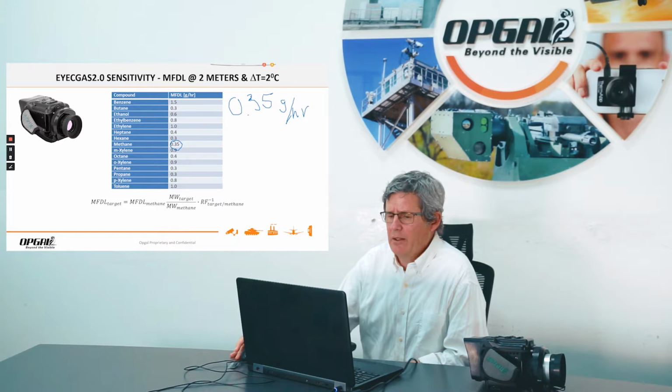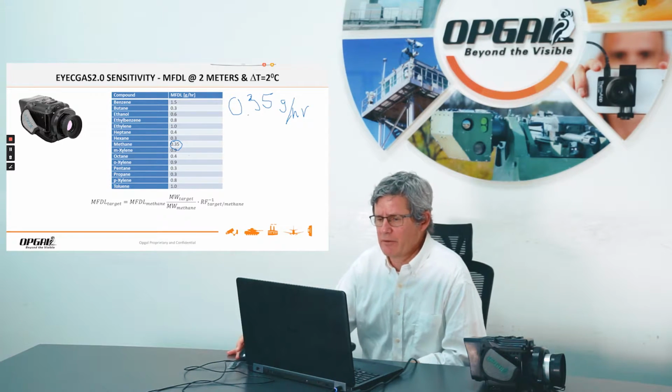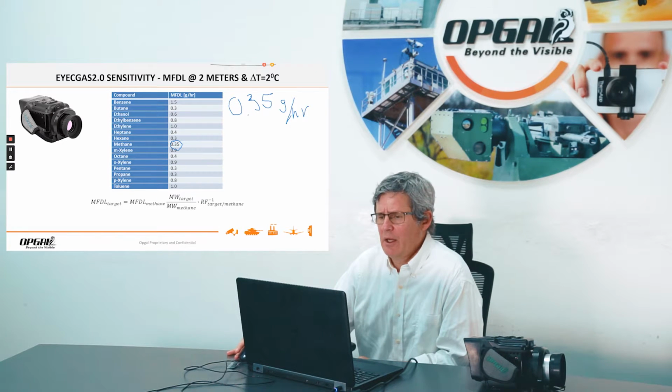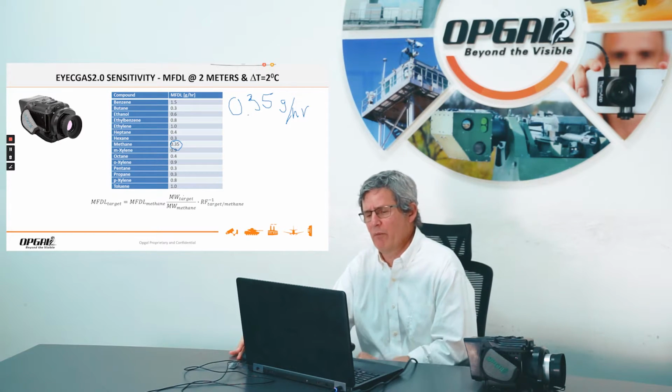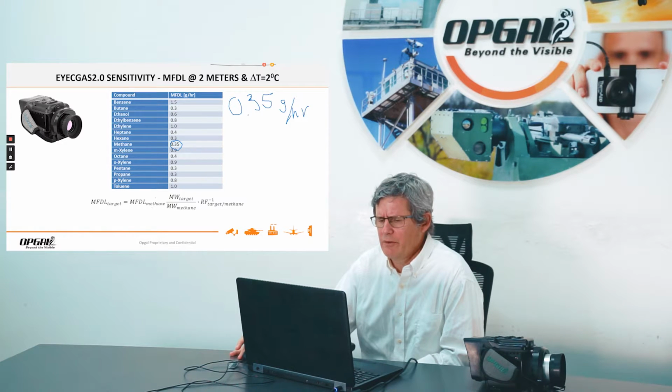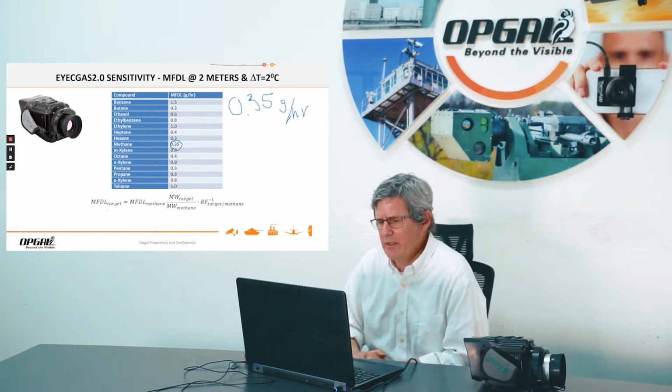So we can calculate the response factor of any of these gases using the absorption coefficient curves and the filter information, and then, by taking the ratio of the molecular weight between the target gas and methane, and using the ground truth 0.35 MFDL for methane, we can convert the response factor into the mass flow detection limit of any target compound.